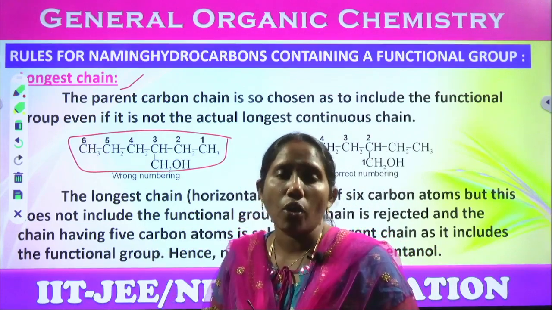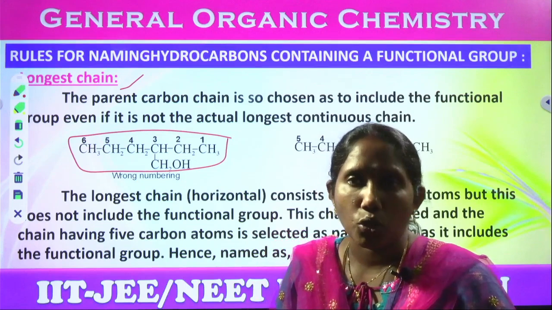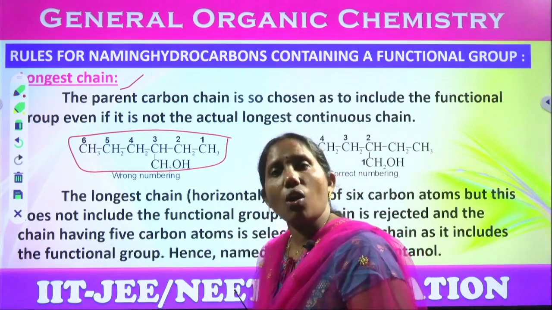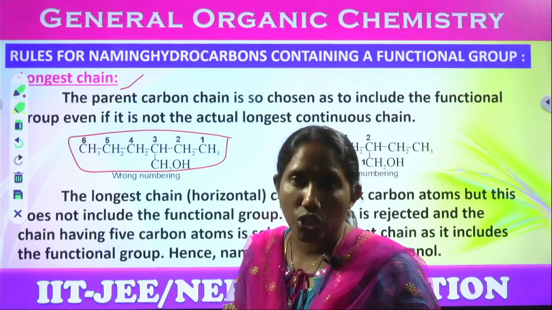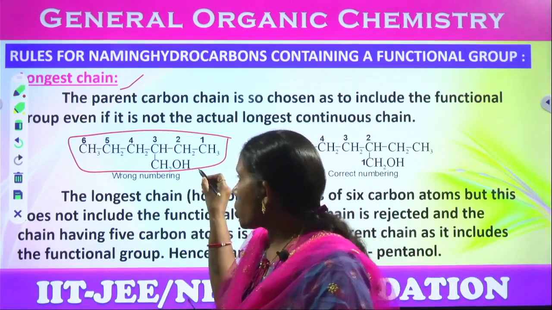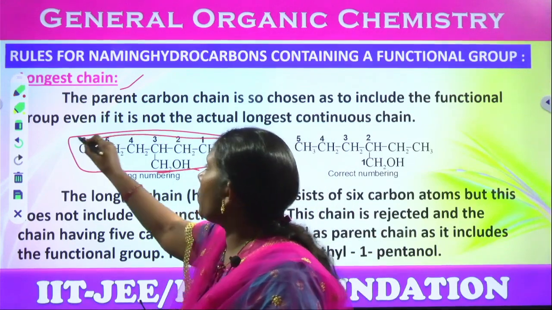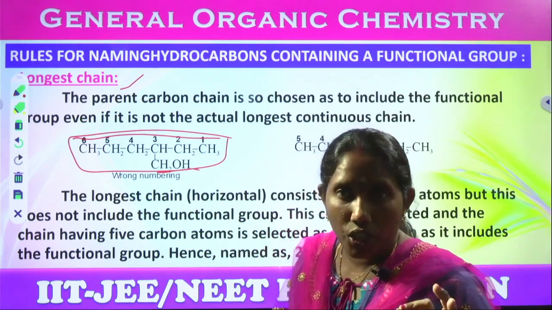Without the functional group, we took the chain with more carbons. Here the longest chain should contain the functional group. If the functional group-containing chain is shorter but the remaining one is longer, we still give preference to the functional group.